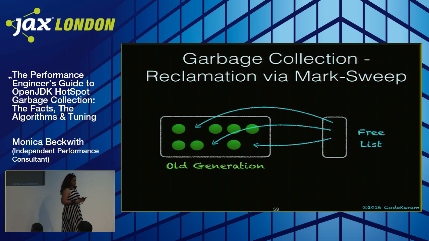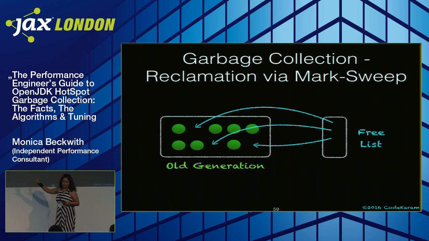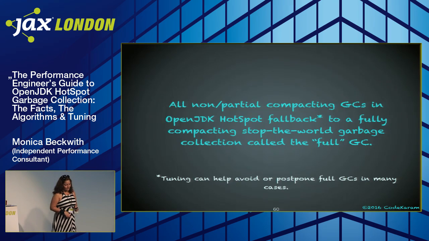There's no compaction, so you have these kinds of hollow areas, and eventually it could lead to fragmentation. But we're not going to talk about that in this talk. Just something to know about the algorithm, that it's maintained by free lists, and it's not moved around, okay?